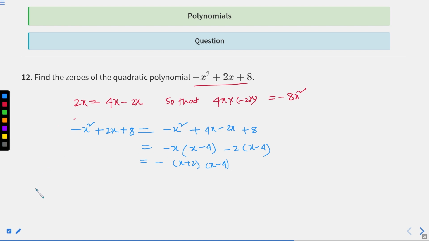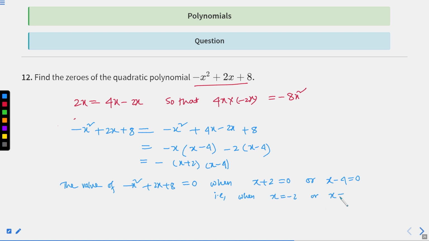Okay, so the value of minus x square plus 2x plus 8 is equal to 0 when x plus 2 is equal to 0 or x minus 4 is equal to 0. That is when x is equal to minus 2 or x is equal to 4.